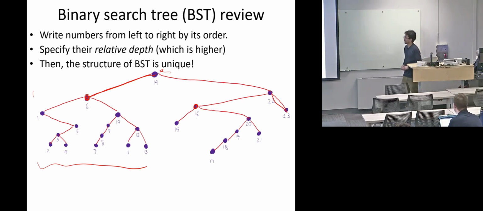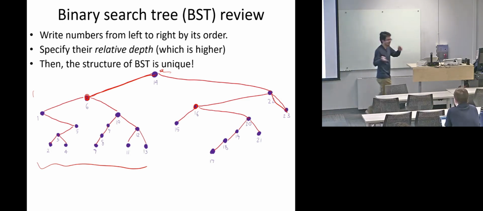Any depth specification is valid, as long as they have distinct depths. The guy with the highest one is going to be the root. Then you just look at the left and the right, and see who is the highest, and connect to that. So any order in height gives you a valid tree.